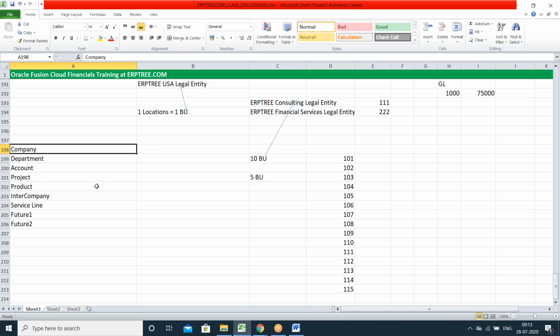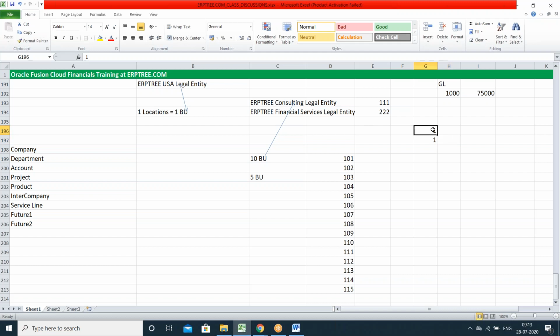Okay, so in the company place, you can have a legal entity if the number of companies, that means the number of business units, is equal to the number of legal entities. Take an example: they have 2 legal entities and they operate in only 2 locations. They do consulting in 1 location, and financial services in 1 location.